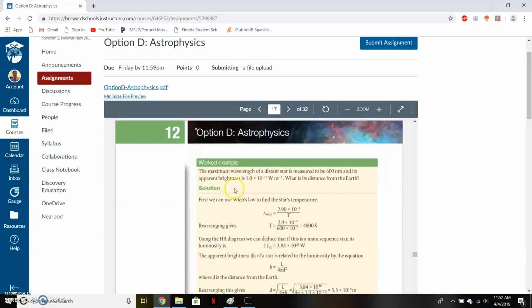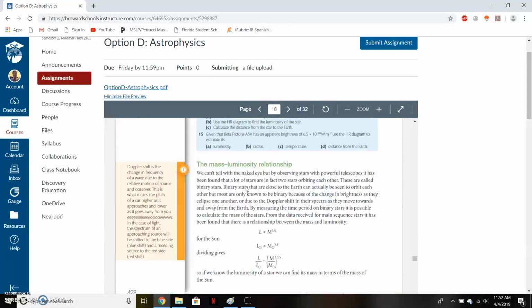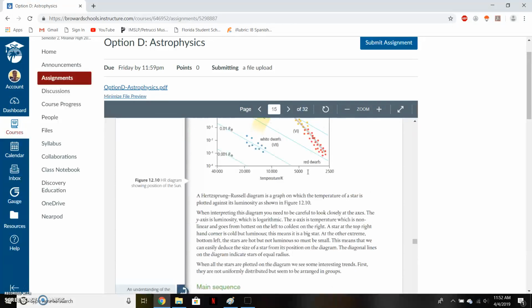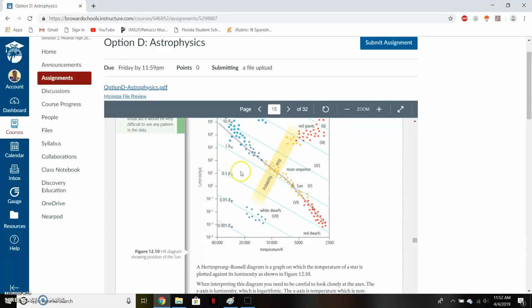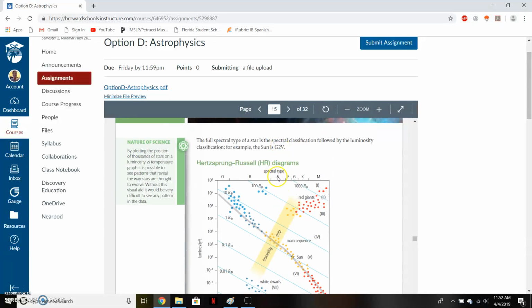Its apparent brightness is 6.5 times 10 to the negative 10 watts per square meter, and its class is A, so A class.